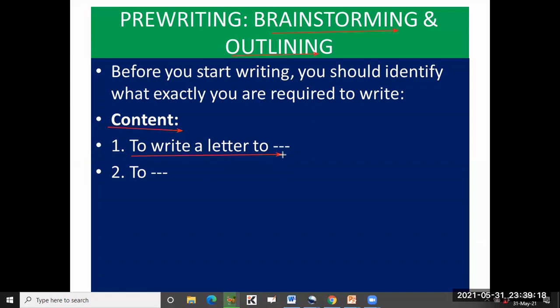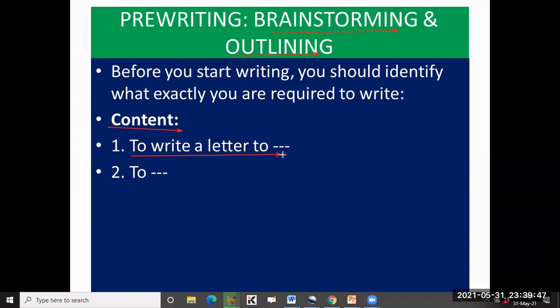In the one we are going to illustrate with, you are asked to write a letter to your brother. And because you are writing to your brother, that shows you it is an informal letter. Now, if you are asked to write a letter to the Minister of Education in your country, that shows you are going to write a formal letter, and then the features of the letter will change.